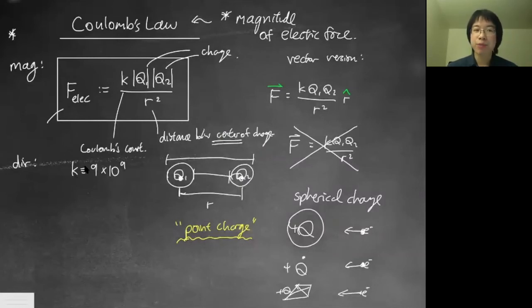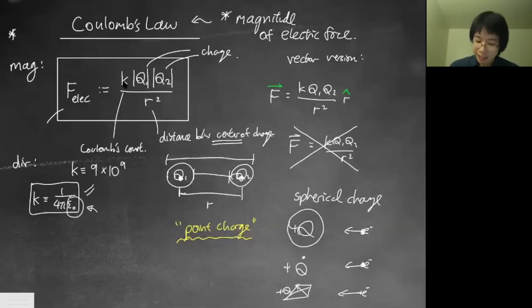This was obviously discovered by Coulomb, but later on, in the more modern era, we realized where this law actually comes from. This law is no longer a fundamental law. It's just a historical law now. And sometimes in the textbook, you will see K written as 1 over 4 pi epsilon naught. Of course this is 9 times 10 to the power of 9, but this is the new constant. We realize this constant, epsilon naught, called the permittivity of free space, is actually more fundamental than Coulomb's constant.